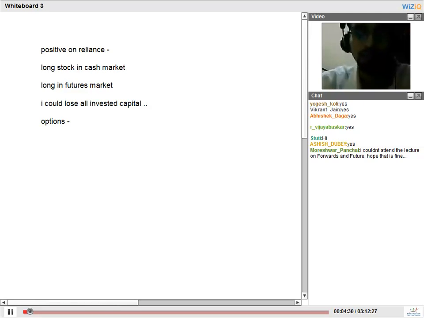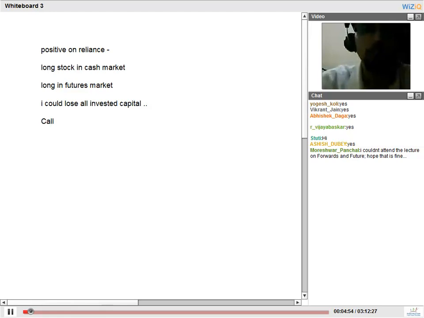So you can exercise the option in case the price is higher and you have the option to buy it at a lower price. However, if the price is actually lower, you do not have the obligation to exercise it. We'll understand in more detail, type by type, what options are and what exactly we mean by having the right but not the obligation.